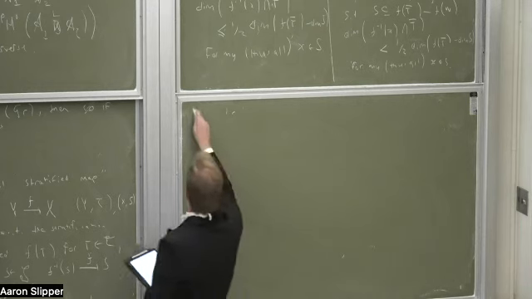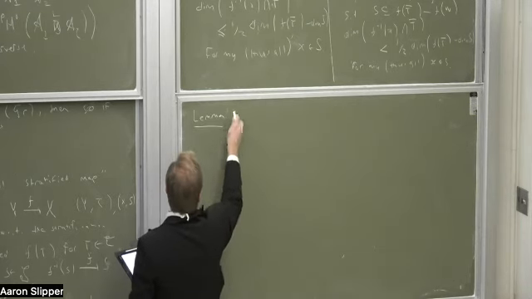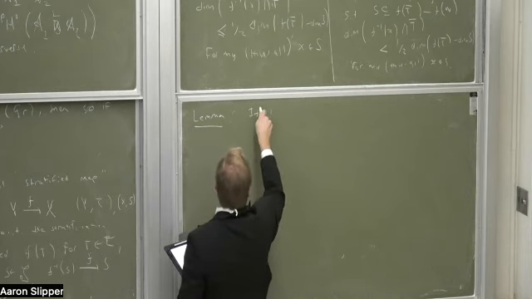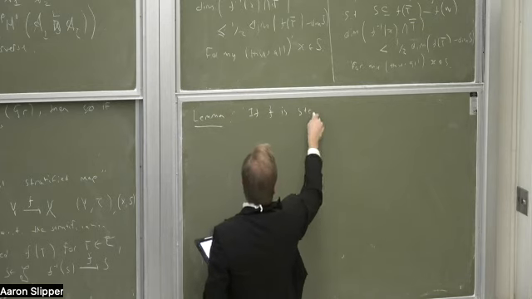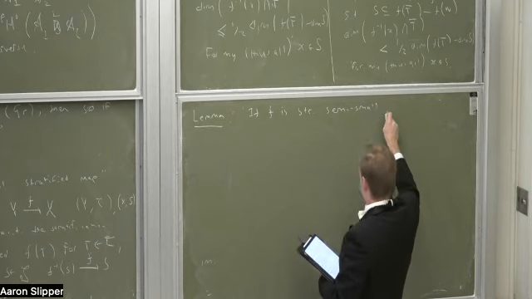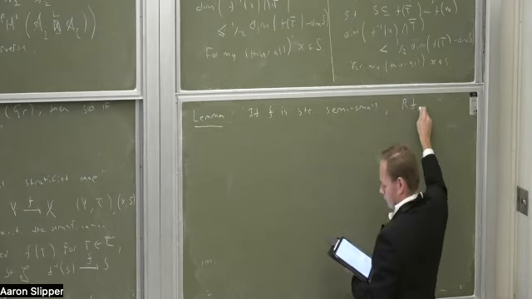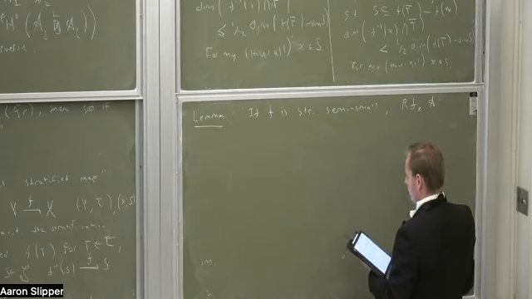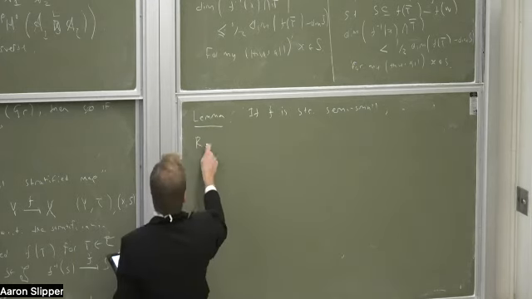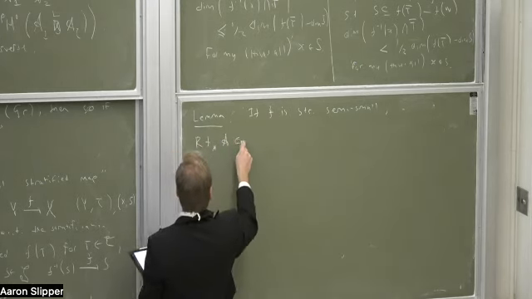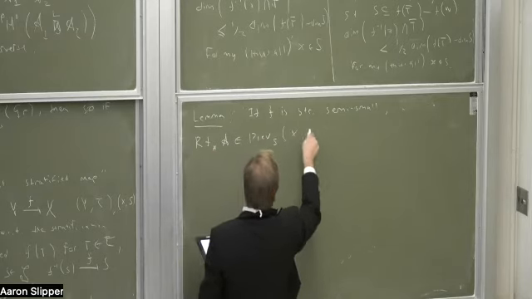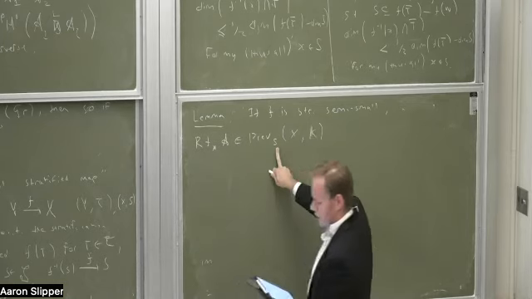All right, so there's always this lemma. If F is stratified semi-small, then R F star A is an element of the perverse complex associated with the S stratification.